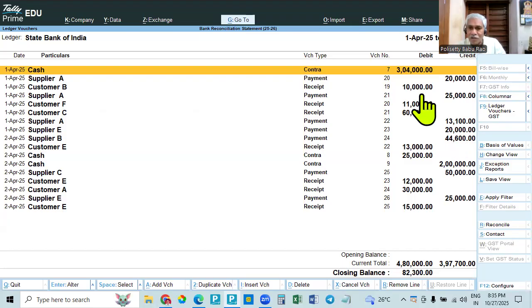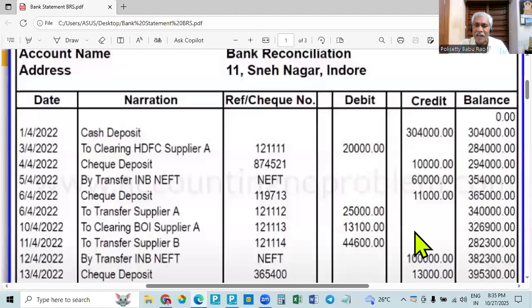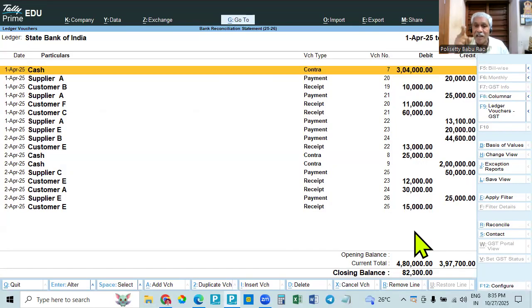This way, every day or once in a month, if you take the bank statement and compare it with the bank account in our books, the balances will differ. So what are the reasons?